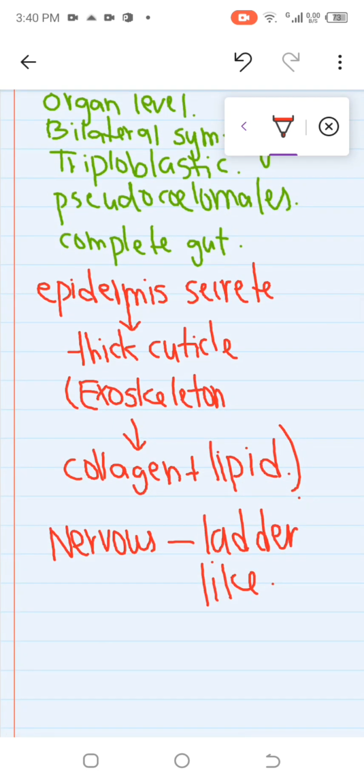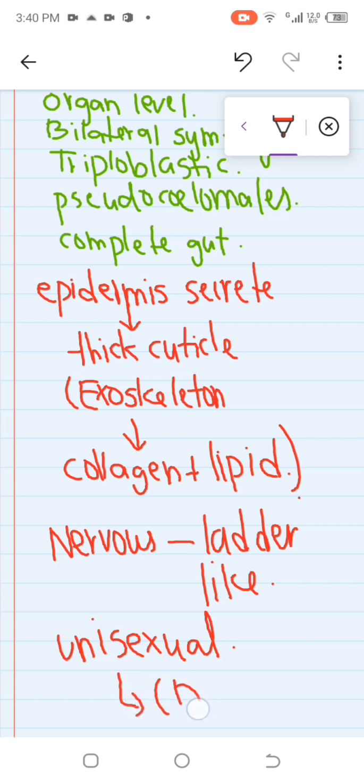And they are unisexual, which means the sexes are separate. Unisexual is also known as dioecious. As we have studied, in hermaphrodites the sexes are together in one body, which is known as monoecious, but here the sexes are separate, so those are known as dioecious.